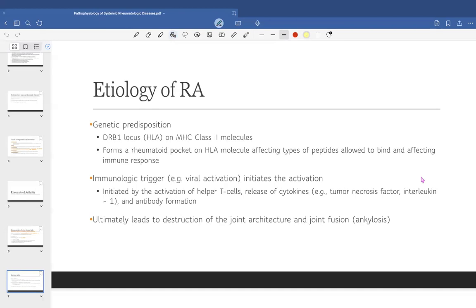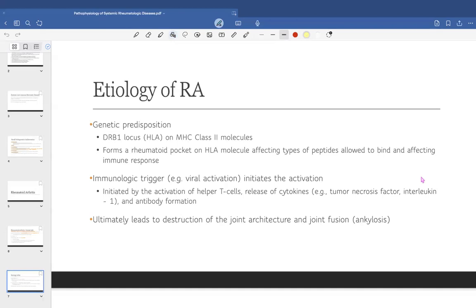Look, if tumor necrosis factor is a major player in the inflammatory process, if we inhibit TNF, then in theory it will do what? Decrease inflammation. Do you agree with that? Okay, so that's the target.